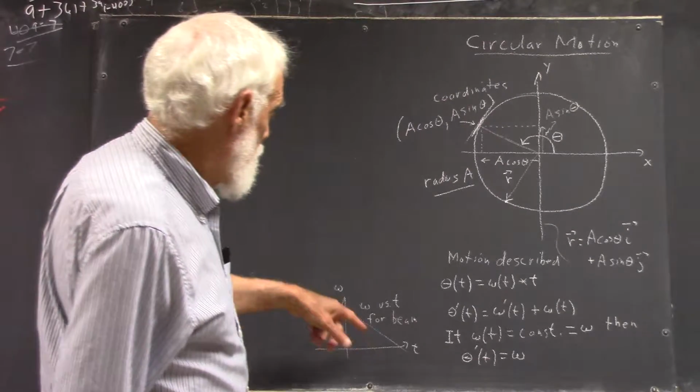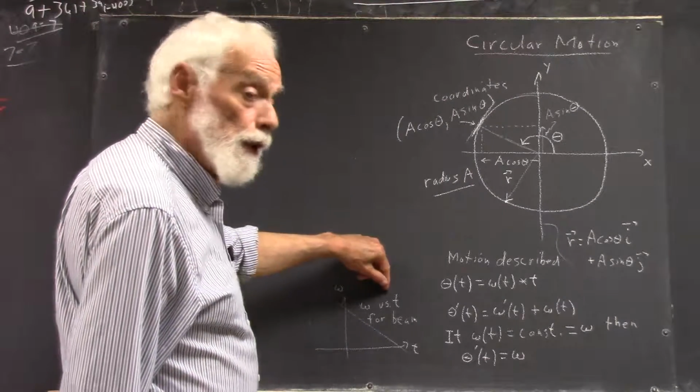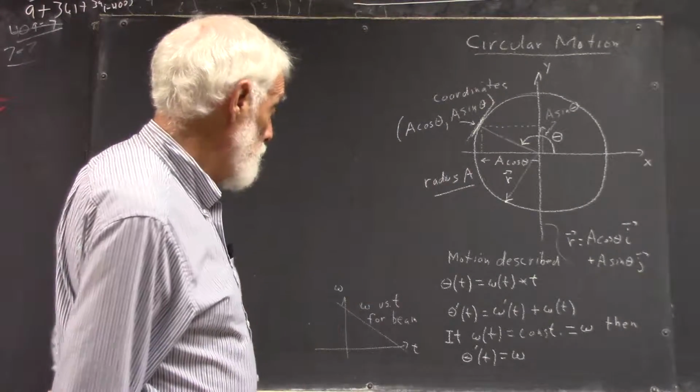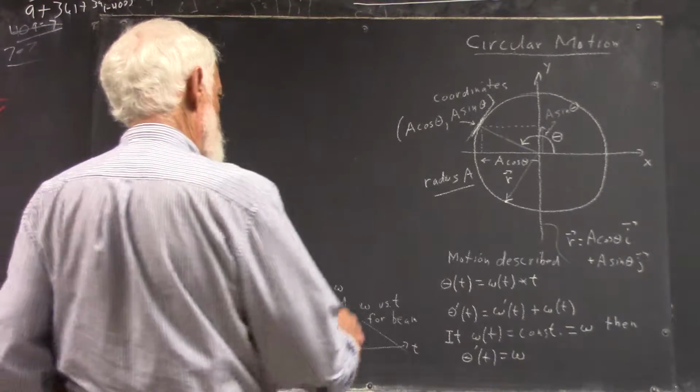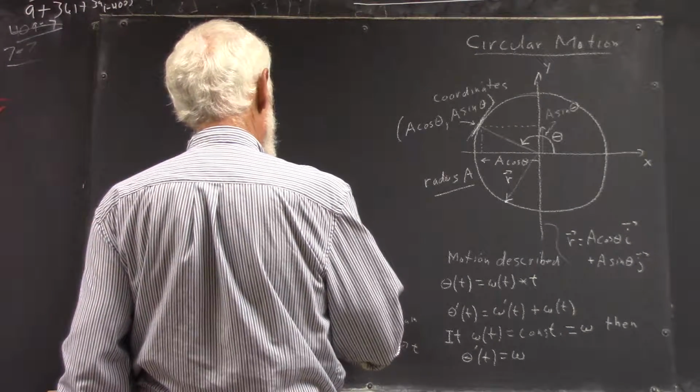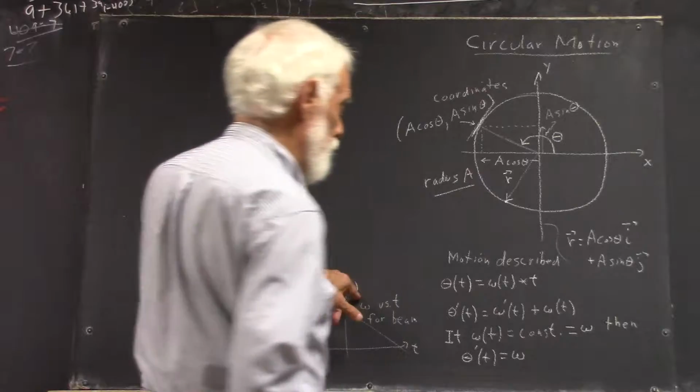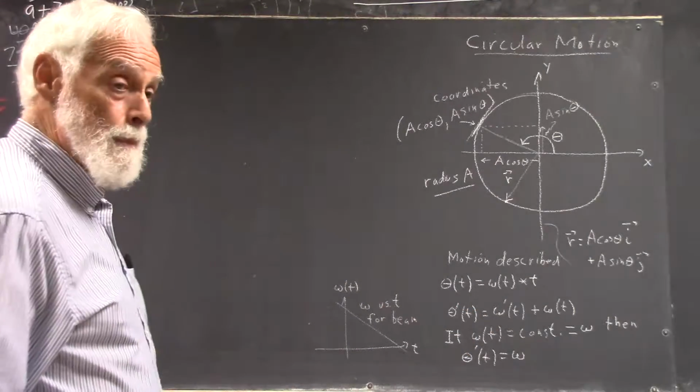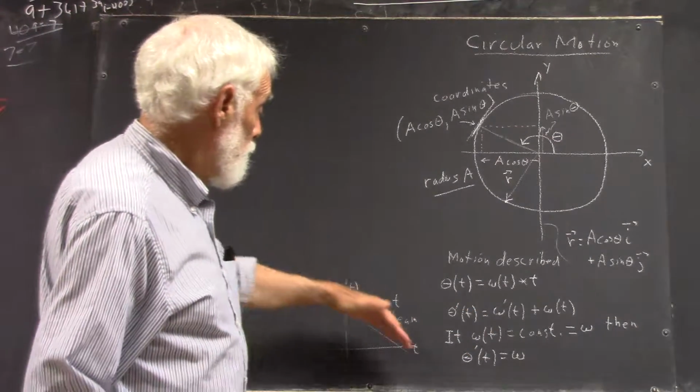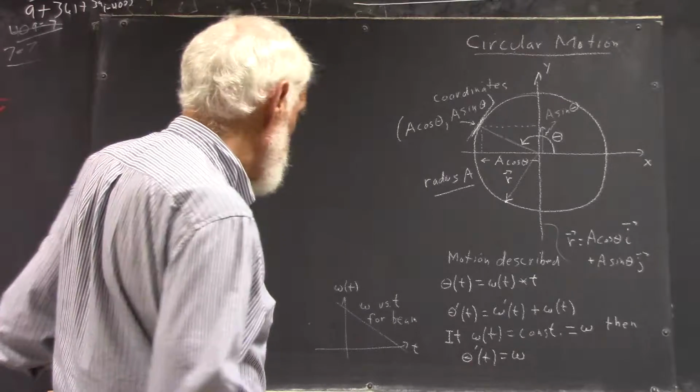Now, omega changes. Okay, you have an omega prime, and maybe we ought to say this is omega of t to emphasize it's not a constant omega. So omega of t appears to be a linear function.